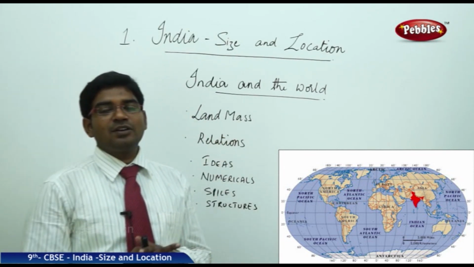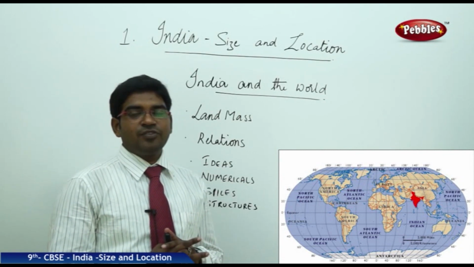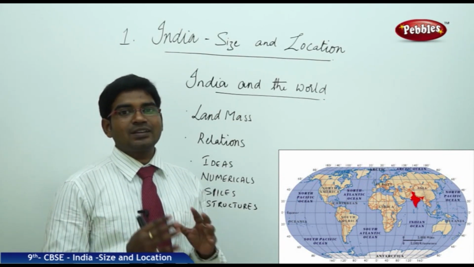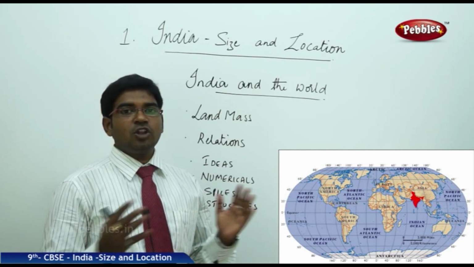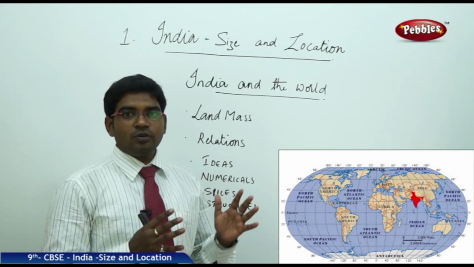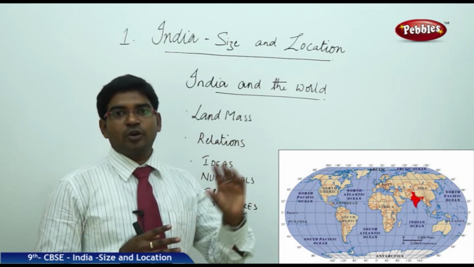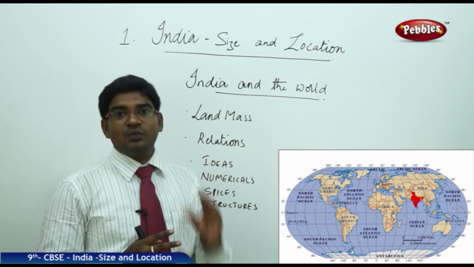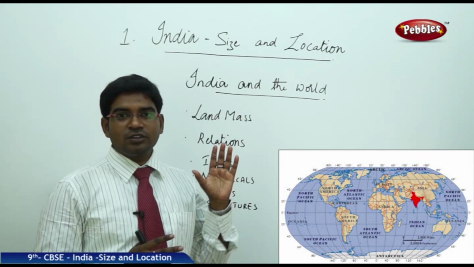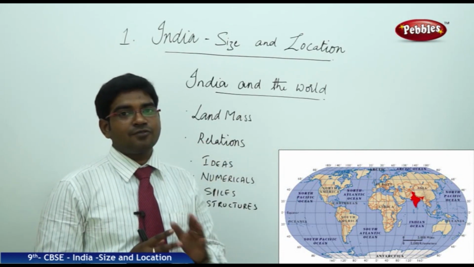When we look at the landmass of India, we find it very typical because no other country has such a long coastline, though it is in the northern hemisphere and it is located in Asia. It is very well connected with the other continents like Europe and also Africa.